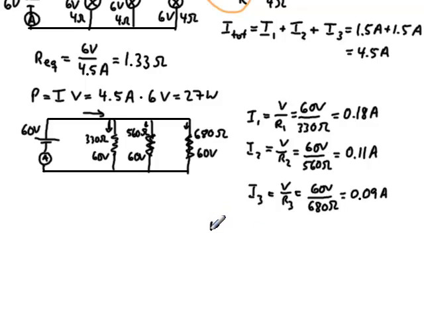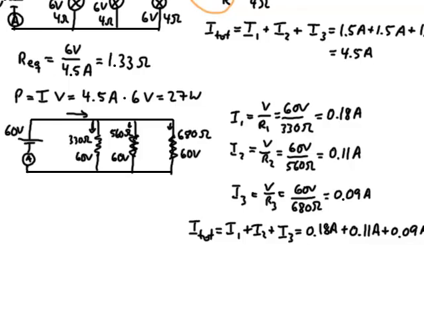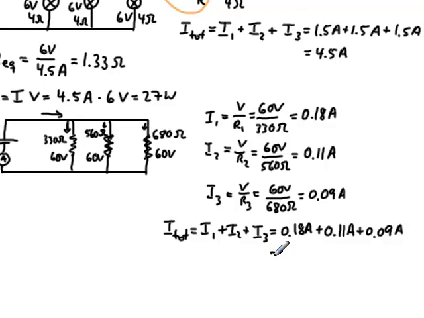So it's going to be that the total current, as written above for the other circuit, for the light bulb circuit, is I1 plus I2 plus I3 equals 0.18 amps, 0.11 amps, 0.09 amps, equals 0.38 amps, and that is rounded, so 0.38 plus or minus a little bit. So that's the total current.